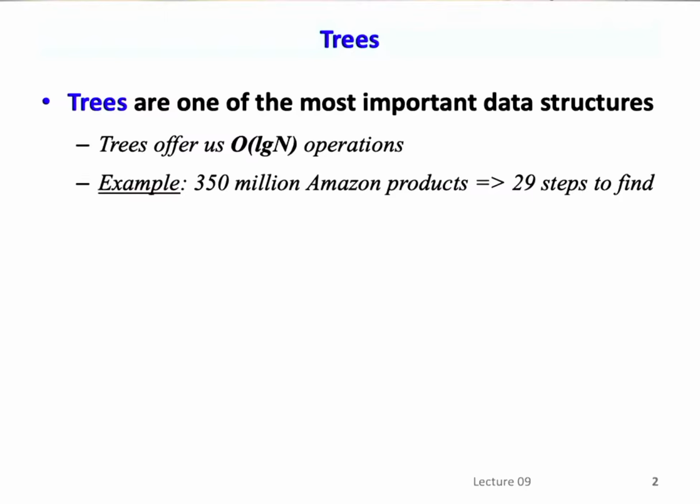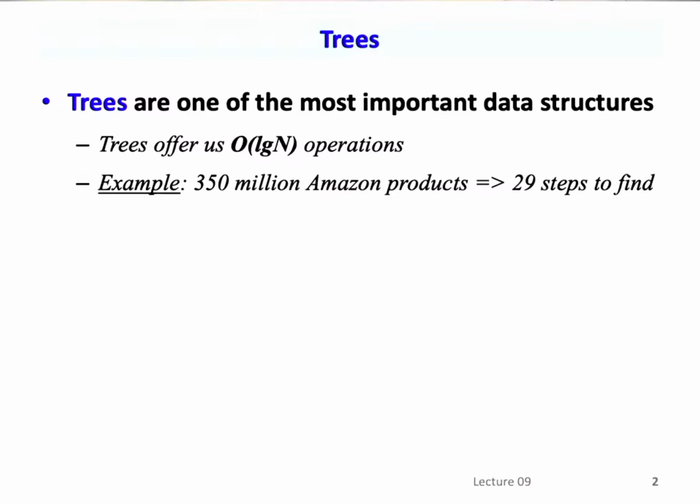So within 29 iterations, you're searching through 350 million entries. Now that's a huge amount of data being searched in a handful of iterations.